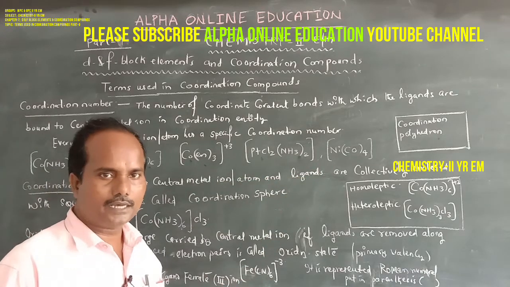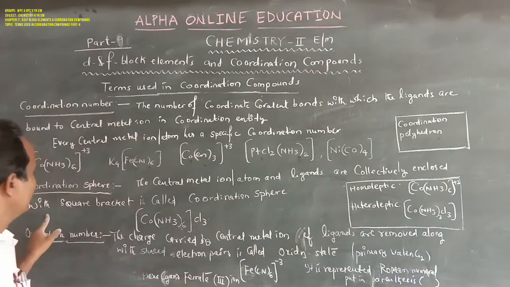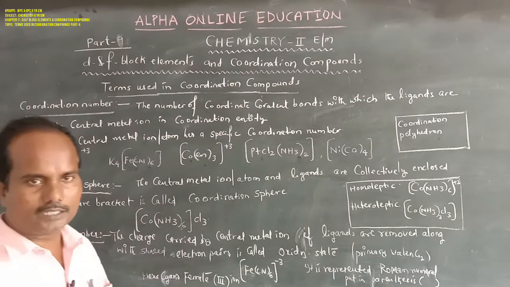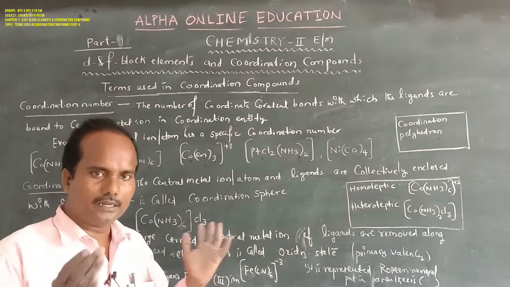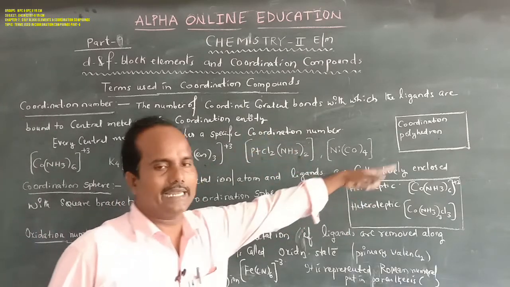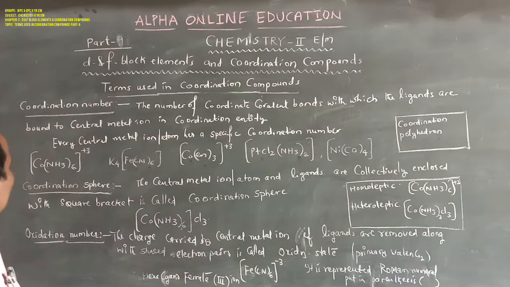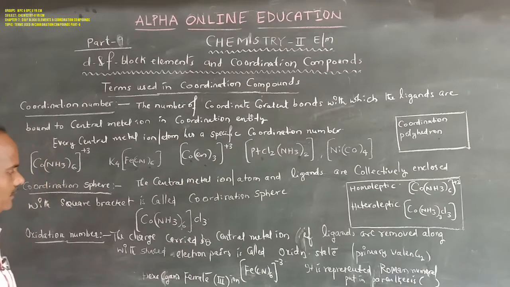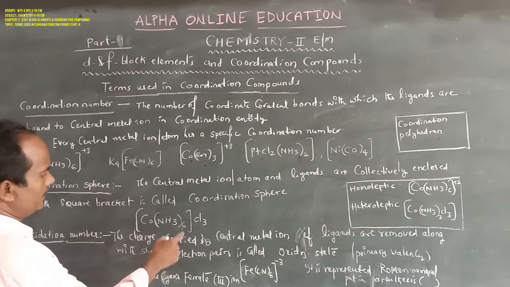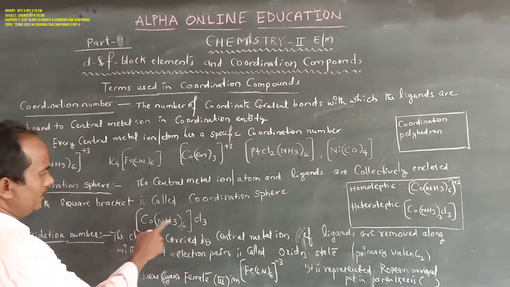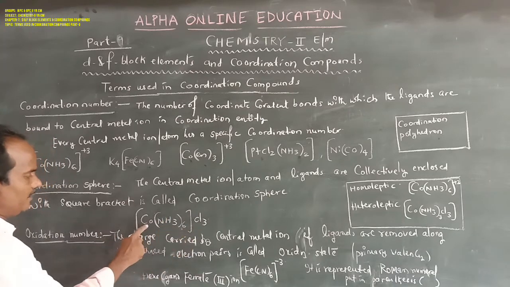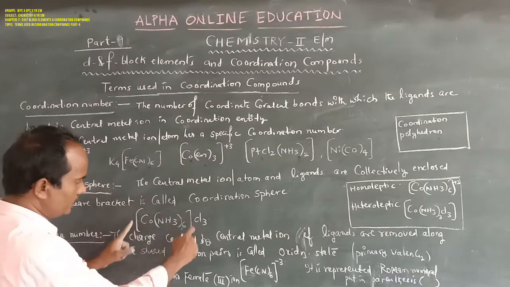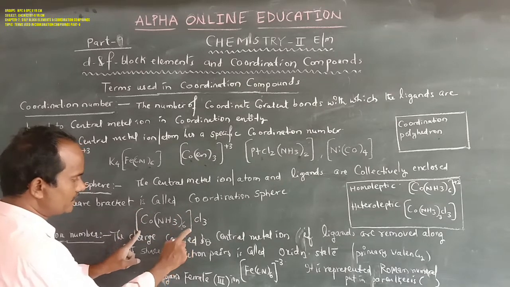The central metal atom or ion and ligands collectively enclosed within a square bracket is called the coordination sphere. Then, when you take hexaamminecobalt(III) chloride, in this the central metal ion and 6 ligands are collectively enclosed within a square bracket.